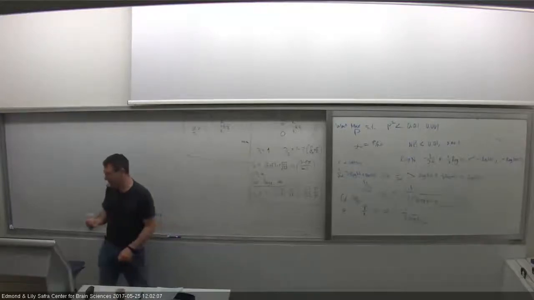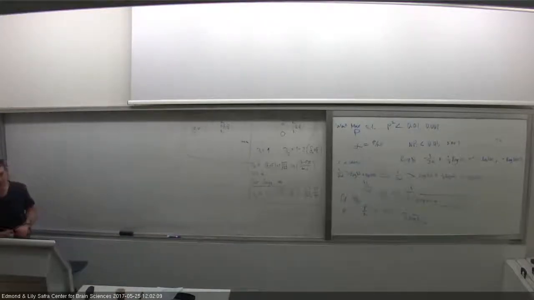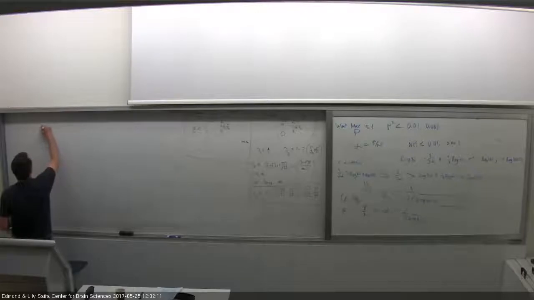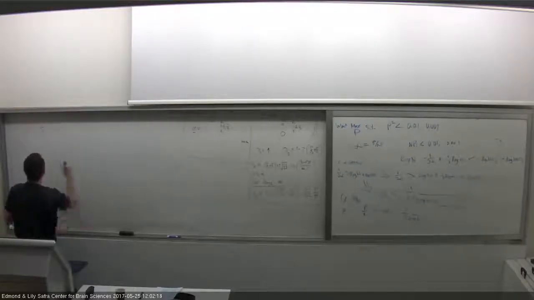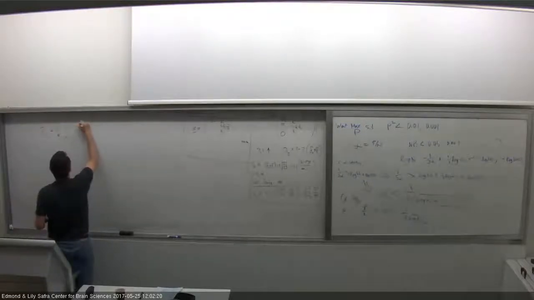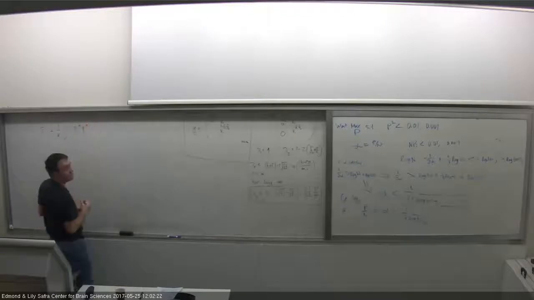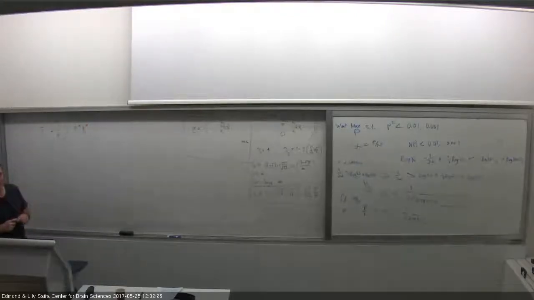So let's go back to the Hopfield model. Just write the connectivity matrix equal to 1 over n, sum over mu, pi mu, pj mu. Right?